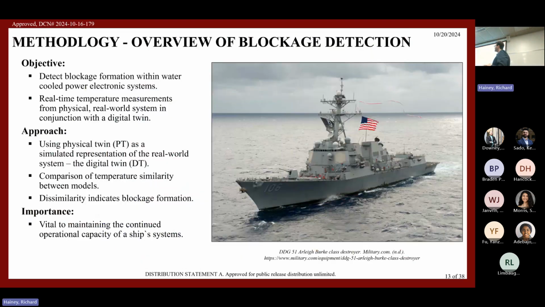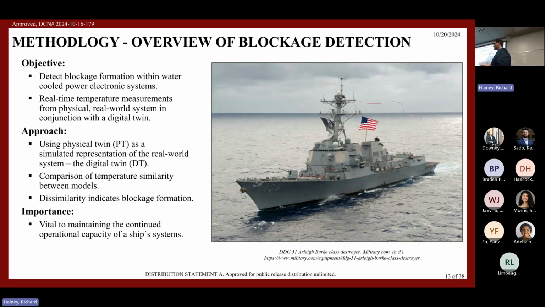So the methodology that I wanted to focus my research toward was, how do I determine the presence of a blockage within our converter system or other power electronic systems without using flow meters, essentially? Through which way would I detect a blockage, and how would I do that?